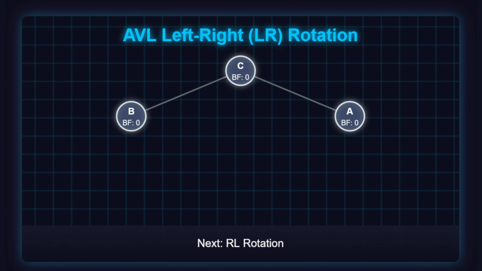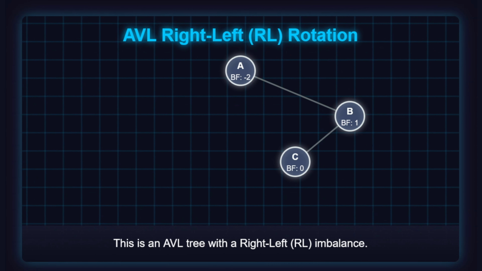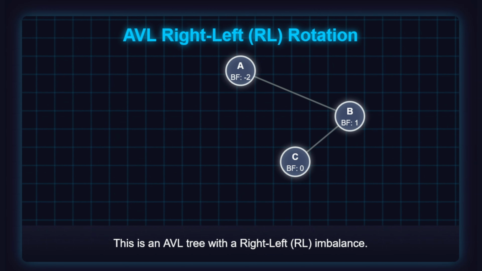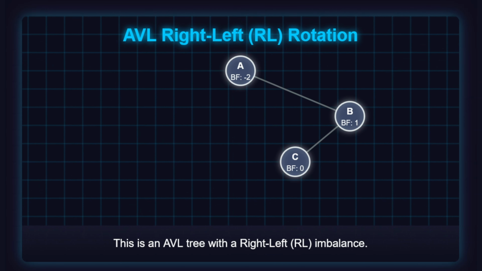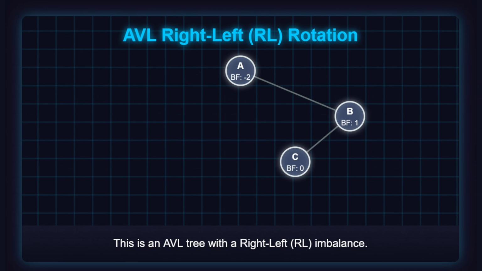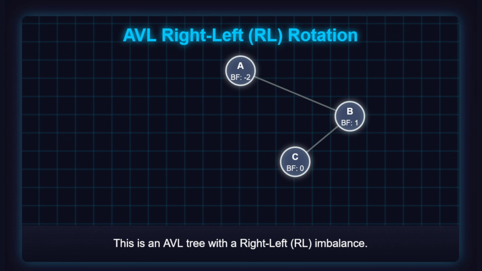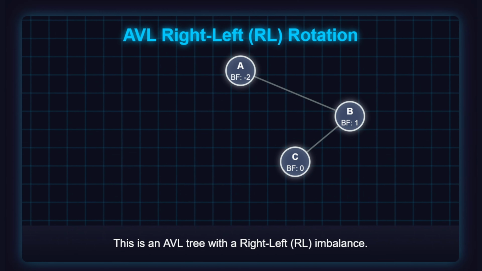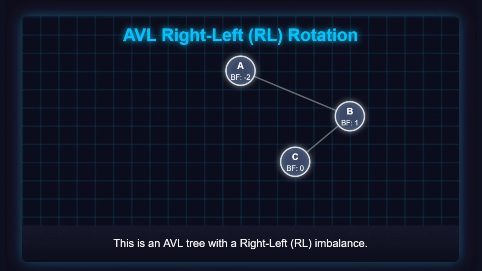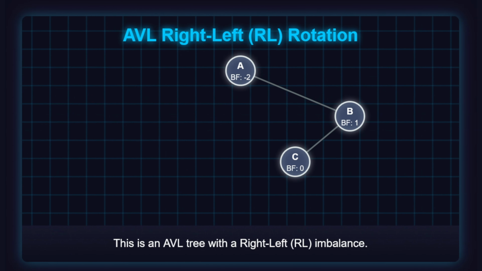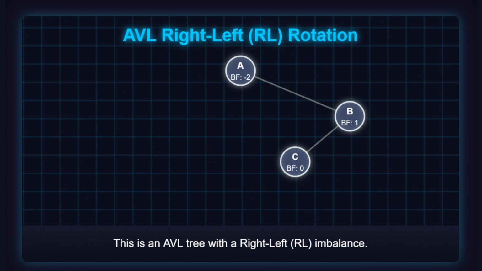Next, RL rotation. AVL right-left rotation. This is an AVL tree with a right-left imbalance. Node A is the root, with B as its right child and C as B's left child. Notice how the imbalance is on the left subtree of the right child.